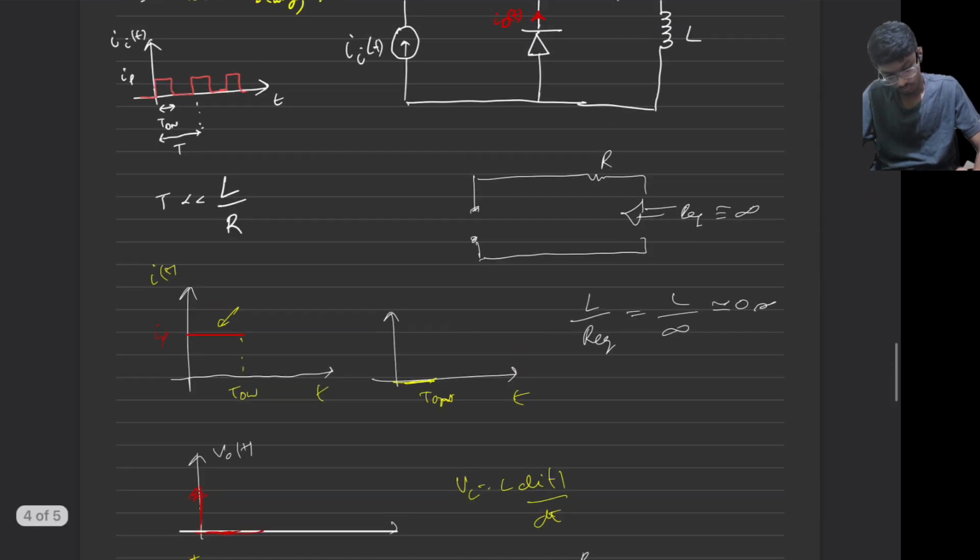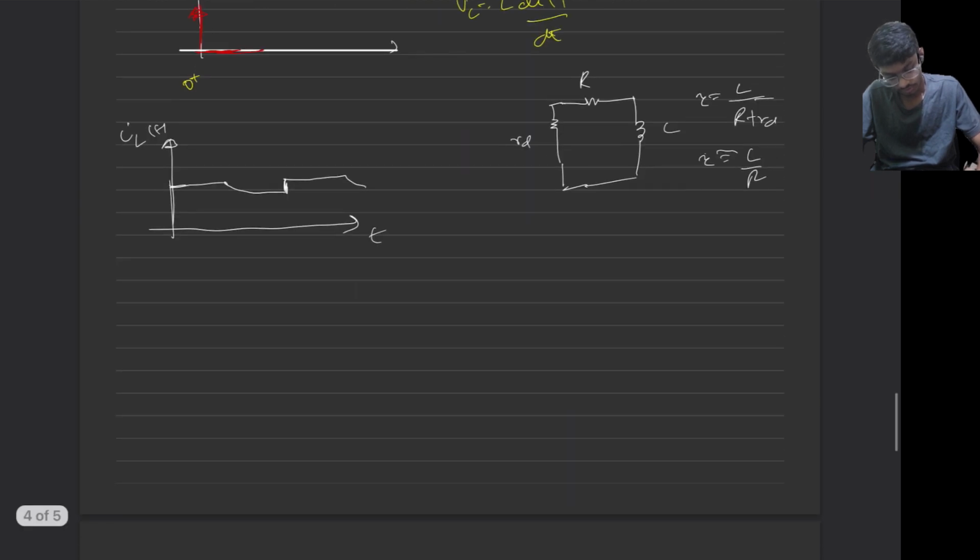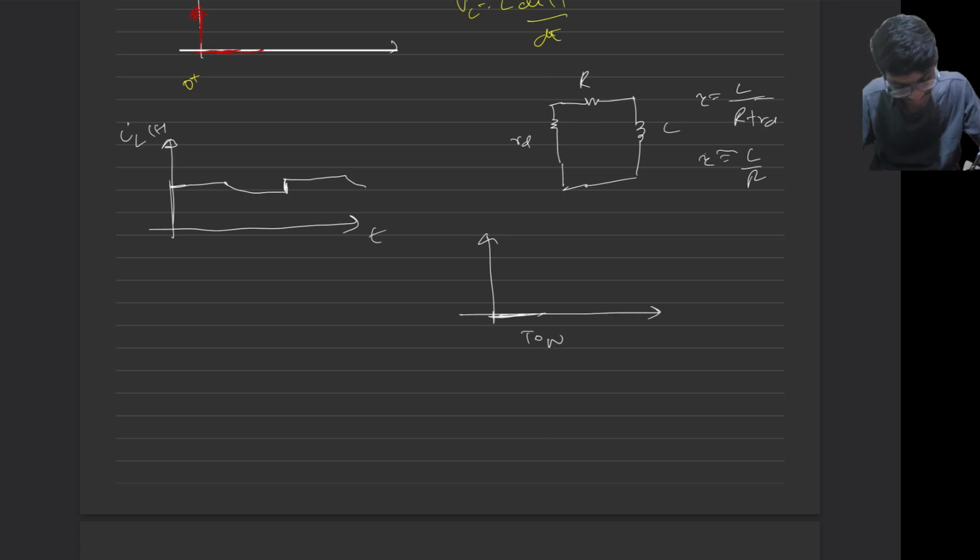Now what we were plotting was ID, right? So ID will come into action now. The current through the diode was 0 till t on, then suddenly it will get this current and will start discharging, then again it will become 0, and so on.